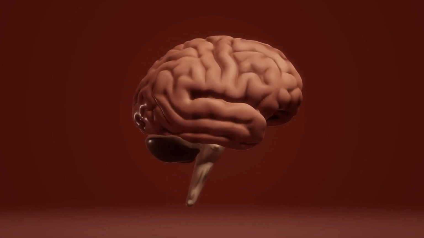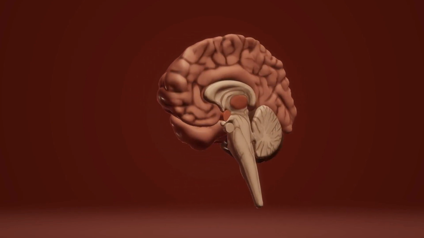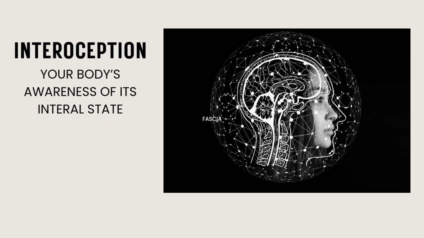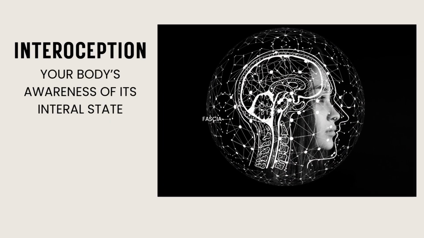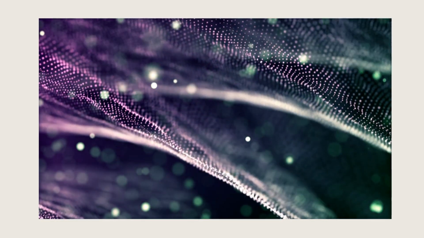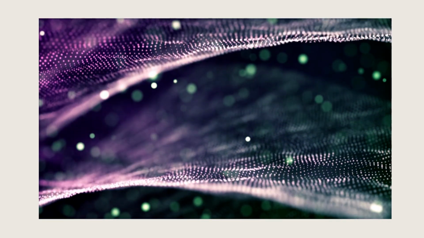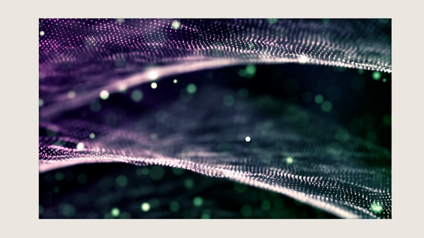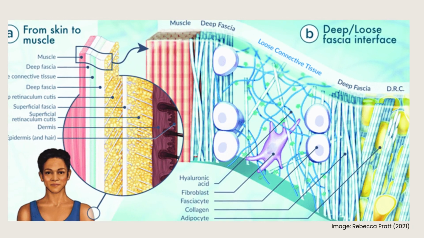Involved in sensory processes, this layer is highly innervated and plays a key role in interoception, the body's awareness of its internal state. Superficial fascia is often involved in pain perception and emotional regulation due to its nerve density and the types of nerves that are involved here. We get more in depth about this later in the series.